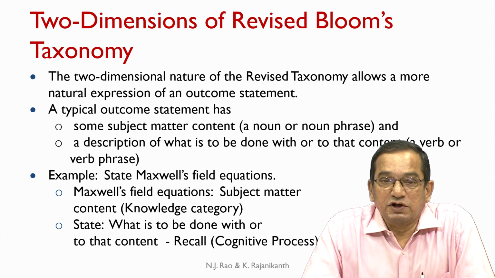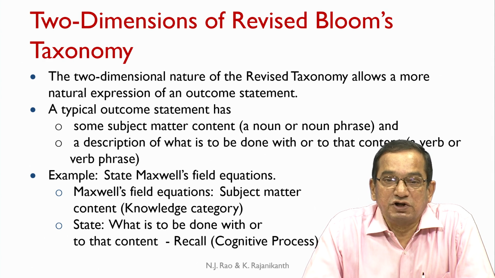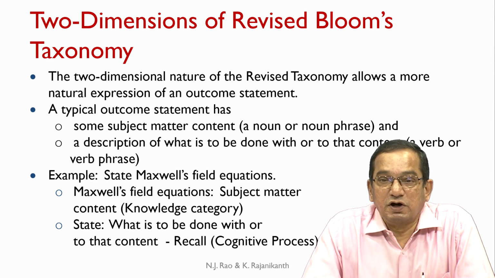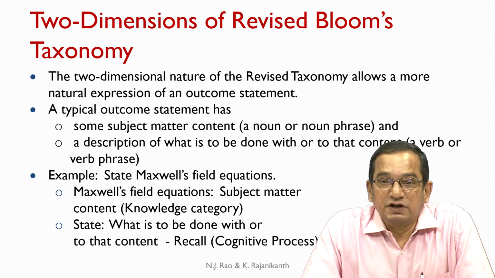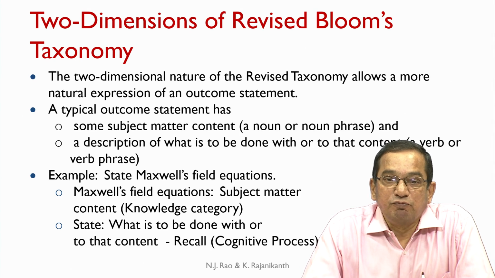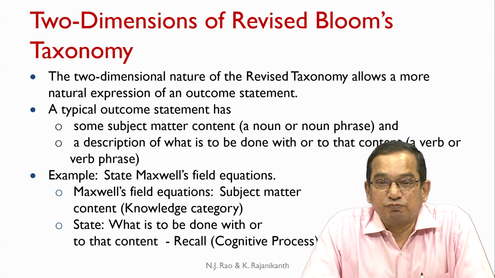State, what is to be done with that content, represents the verb, the cognitive process. State actually represents the cognitive process of recall. The student is expected to recall from her long term memory Maxwell's field equations.